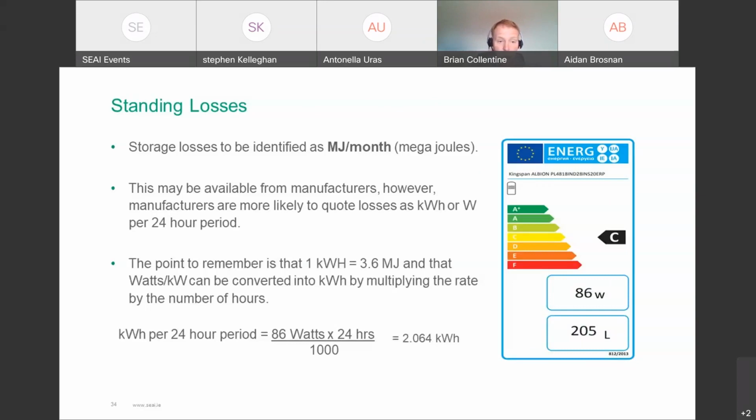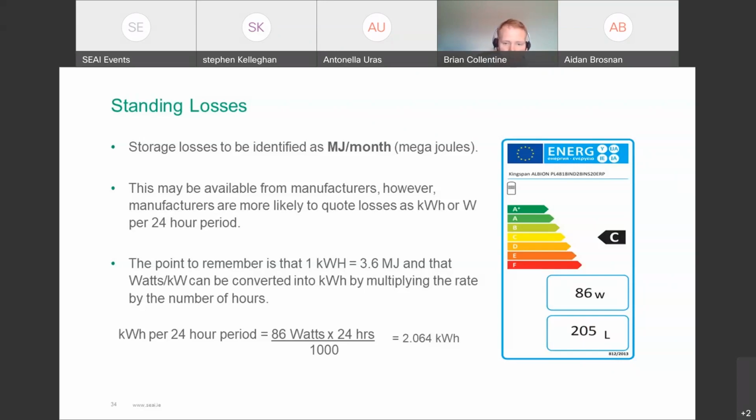The important point is that 1 kilowatt hour is equal to 3.6 megajoules. Depending on what value you're given, you can use that calculation to convert back to megajoules per month, which we'll go through now.